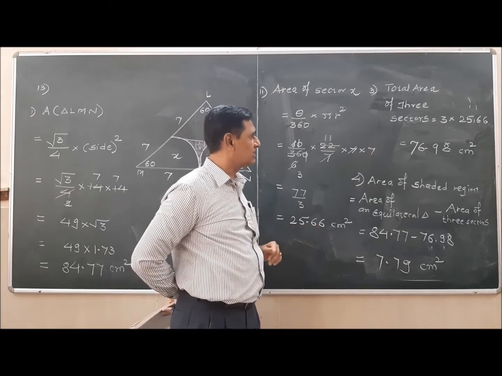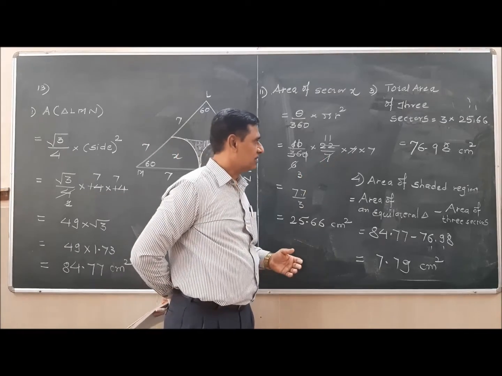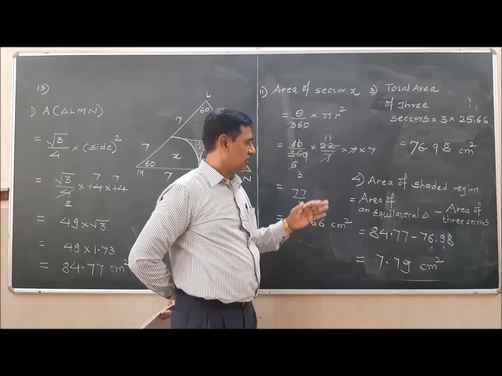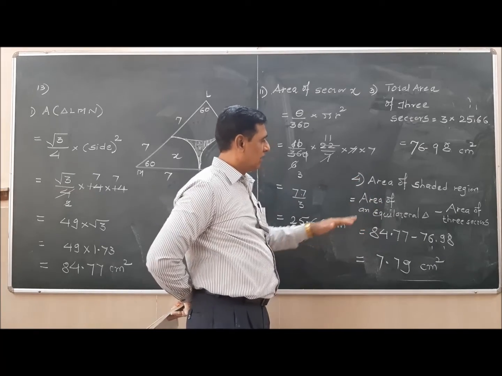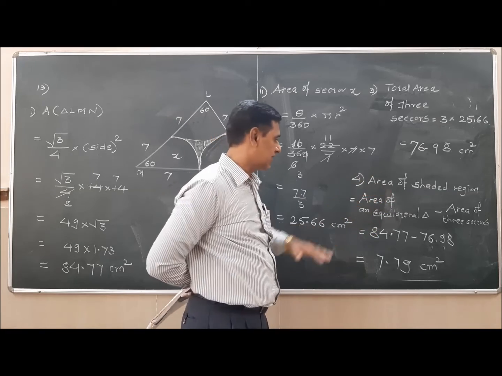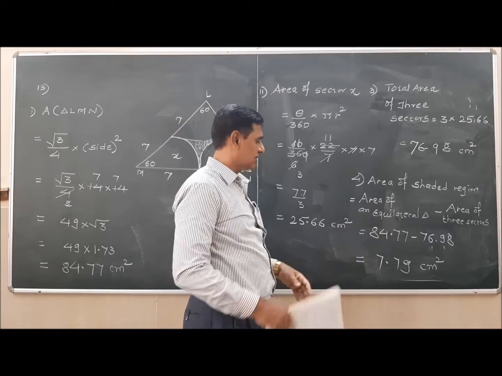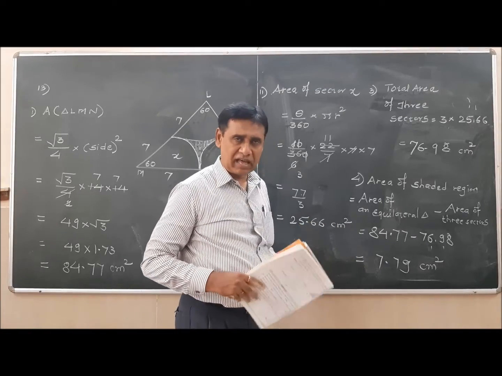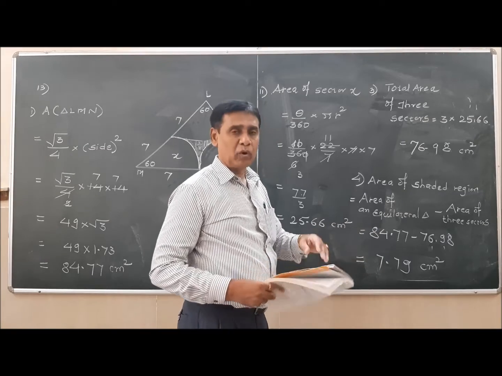The total area of 3 sectors, 3 into 25.66, I got it as 76.98. Then the area of shaded region is equal to the area of the equilateral triangle minus the sum of the areas of 3 identical sectors, that is 84.77 minus 76.98. So the final answer I got is 7.79, but in the textbook the final answer is given as 7.86.